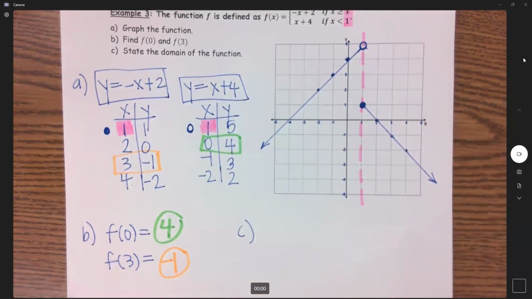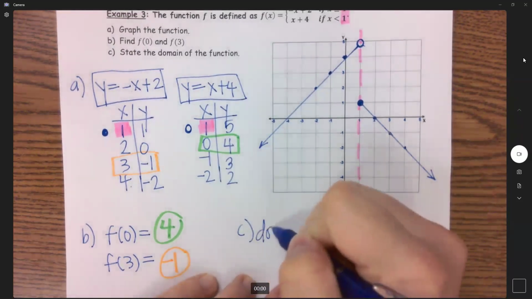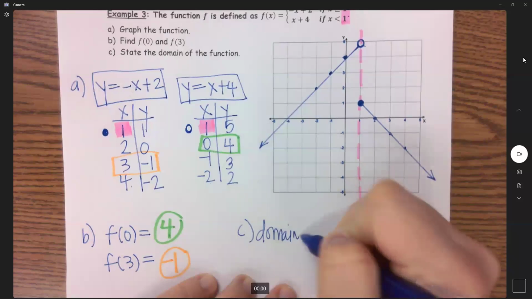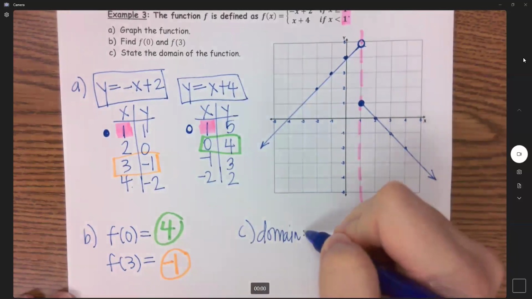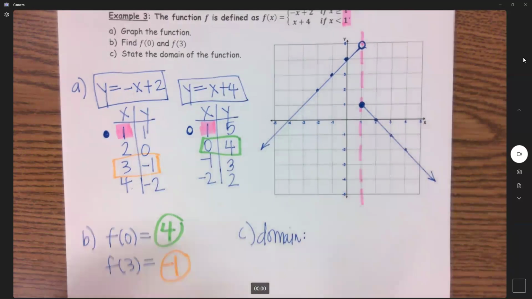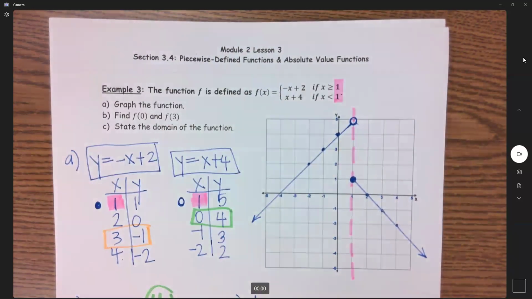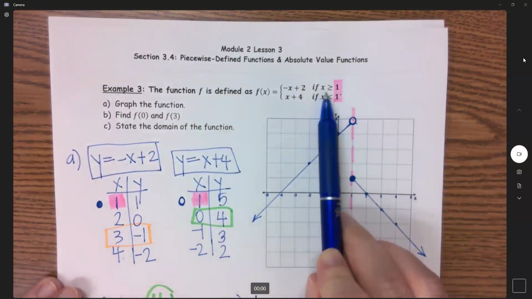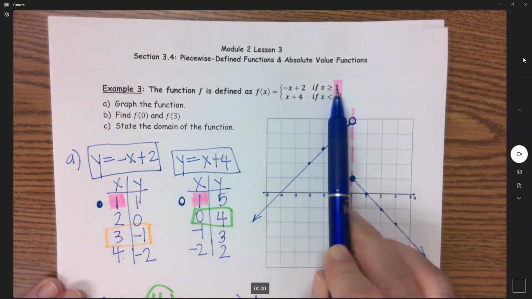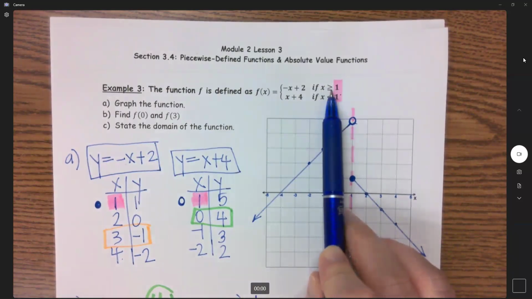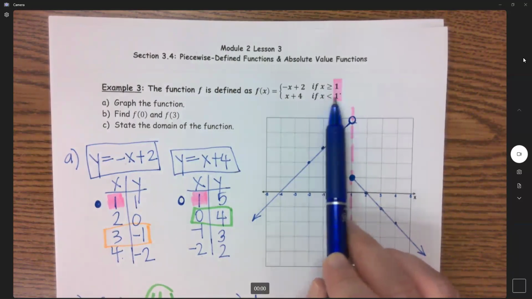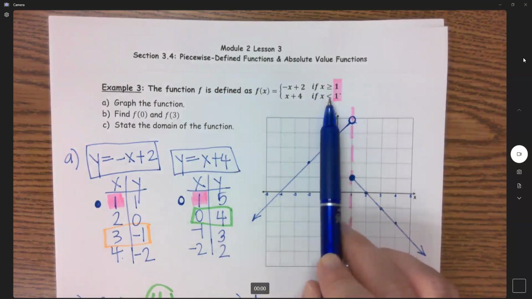Part C, state the domain. So last time I used the graph. This time, let's use this right here. This one is talking about every number that is greater than 1 and also equals 1. And this number is talking about everything that is less than 1.